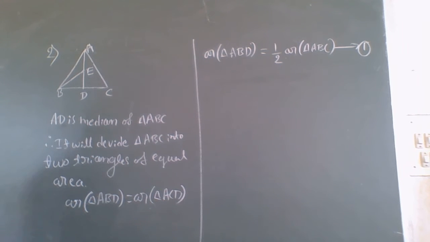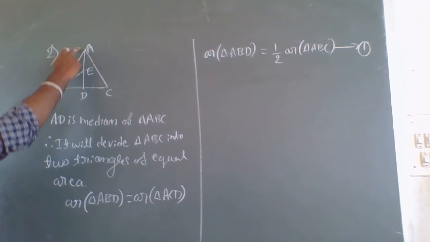So now we will consider triangle ABD. In triangle ABD, E is the midpoint of AD.